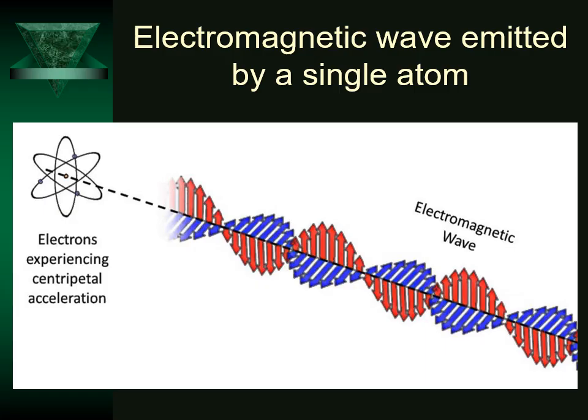Here is another picture that shows that, with respect to the direction of propagation, these vibrations do not change the plane for a single atom. If it were possible to depict a ray of light in this direction, the red arrows are the electrical component, and the blue arrows are the magnetic component of the vibrations of an individual atom.